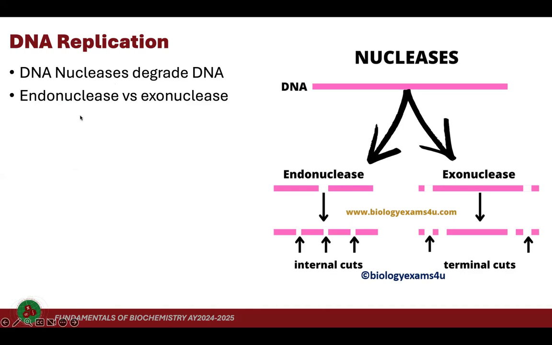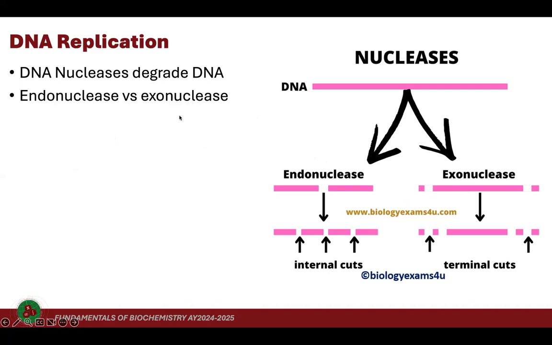And we have two types of nucleases, endonuclease and exonuclease. So, like what you have learned about your enzymes that degrade proteins, when we say endonuclease, these are enzymes that cleave or cut DNA strands within a DNA strand, versus an exonuclease.